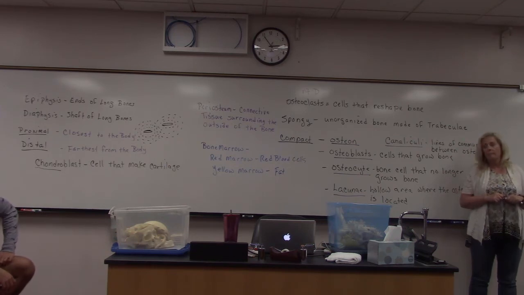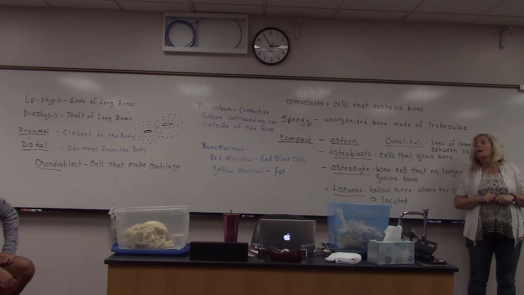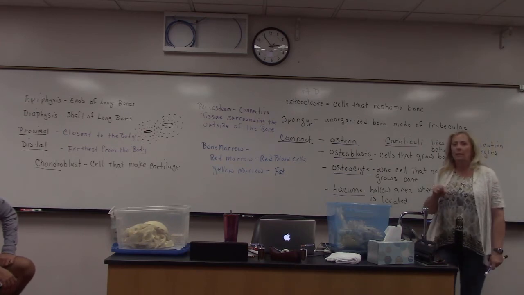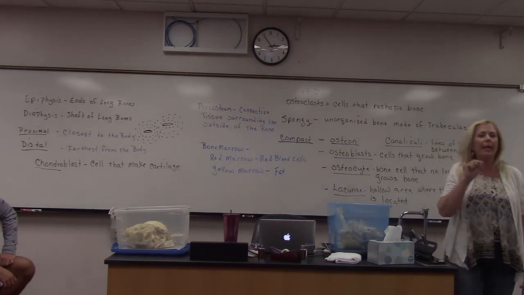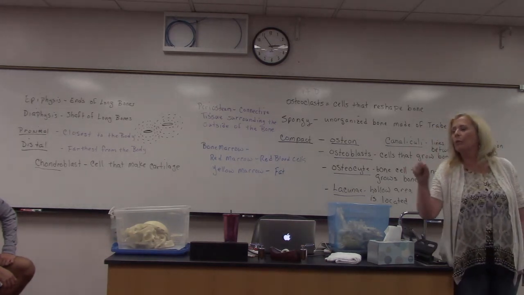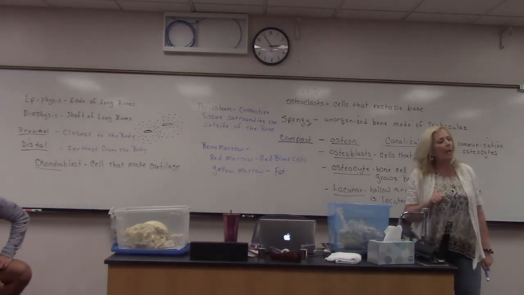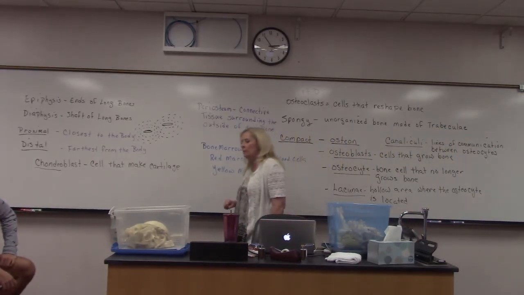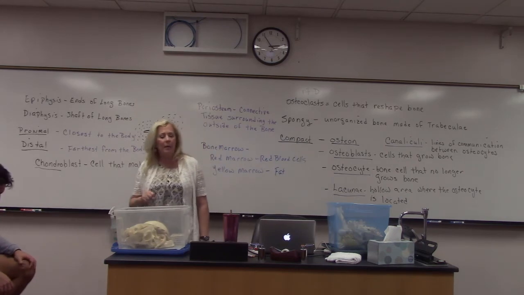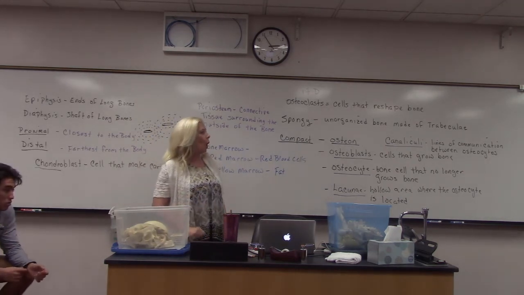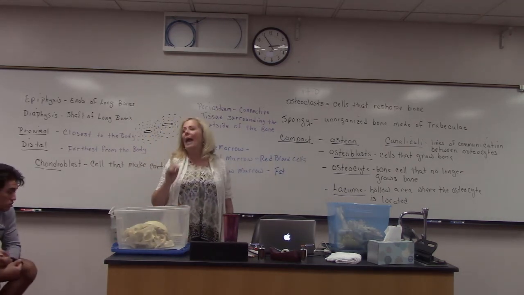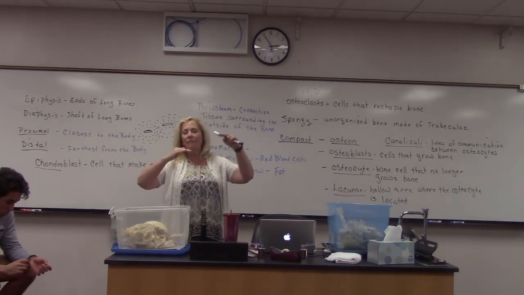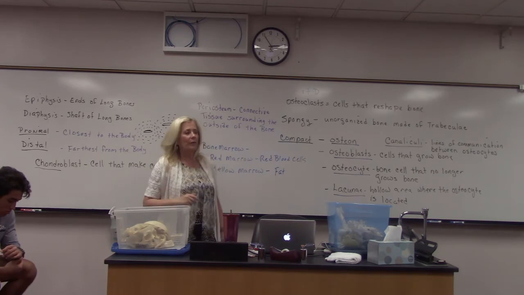It builds calcium. You need vitamin D in order for you to put calcium into your bone. If you don't have enough vitamin D, you won't have enough calcium in your bone. And calcium is what makes our bones hard. So you have to have a high enough level of vitamin D to have enough calcium in the bone for them to be hard.